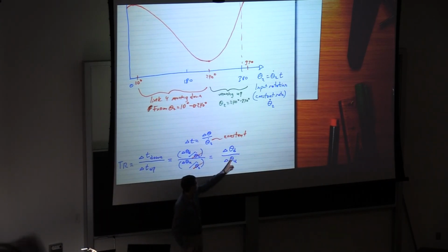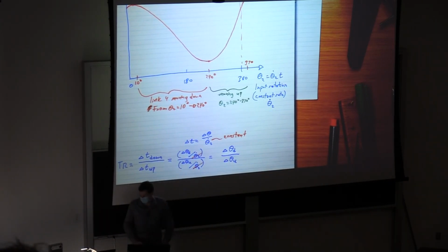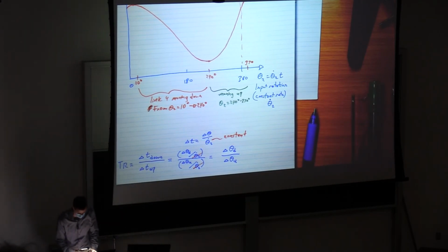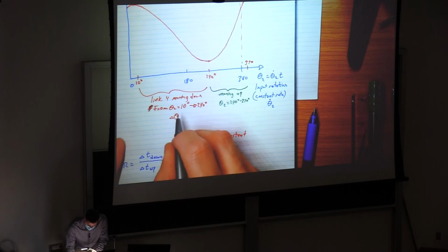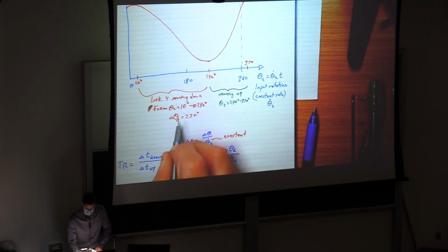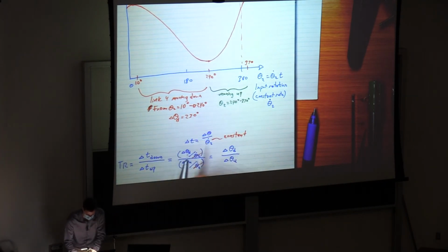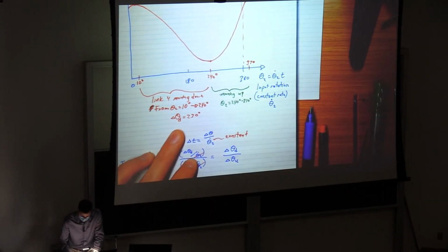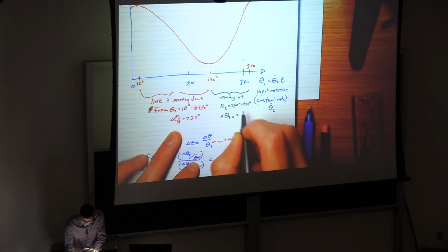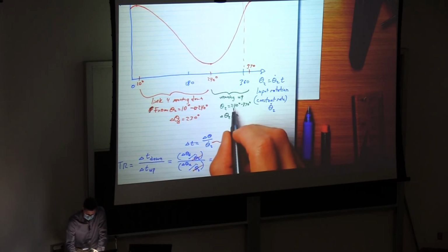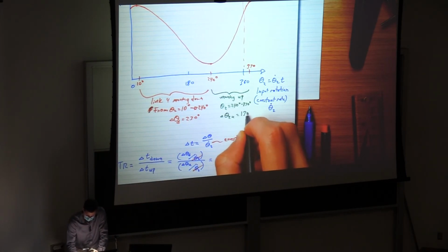So let's just find these two angle changes, which we can measure from above. 10 to 240, that's delta theta down, is 230 degrees. That's the amount of theta 2 rotation during the moving up phase: 370 minus 240 gives us 130 degrees.